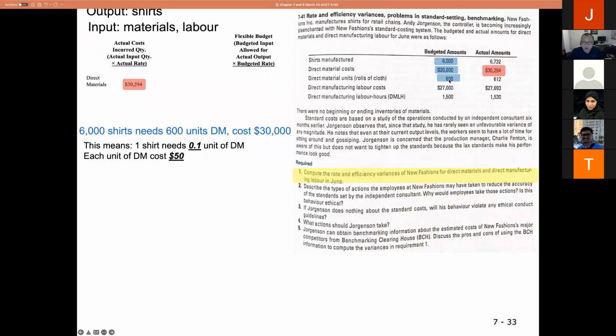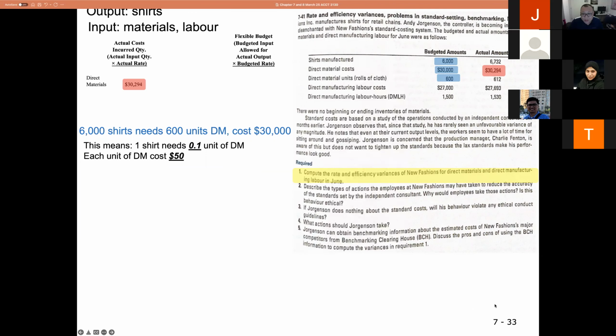So for each roll, you use 30,000 divided by 600. That's $50. So basically, each roll will cost you $50, and 600 rolls is going to cost you 30,000. Does this make sense? Okay, 1, 2, 3. Okay, very good.